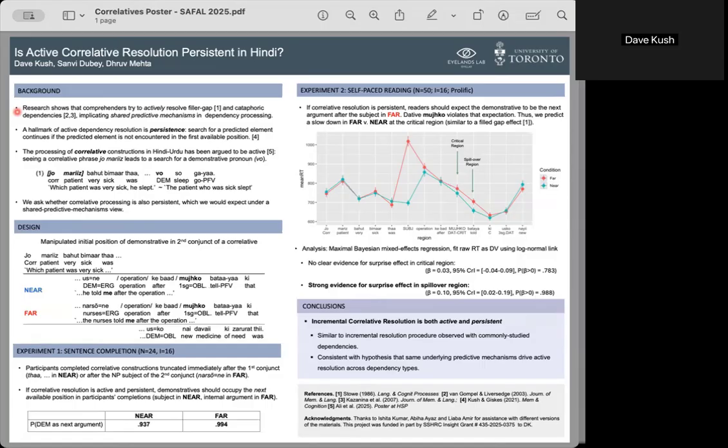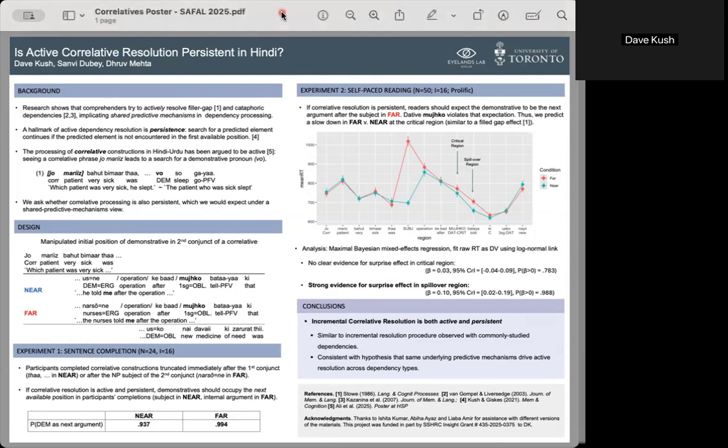So, for example, after seeing a WH filler, comprehenders predict that its gap is coming up, and they will predict it in an upcoming position, like say object position, before they've confirmed that an object is in fact missing from the sentence and that the gap is actually there.